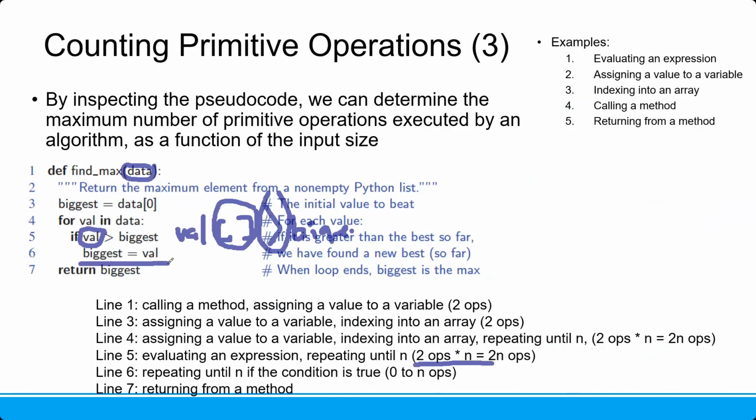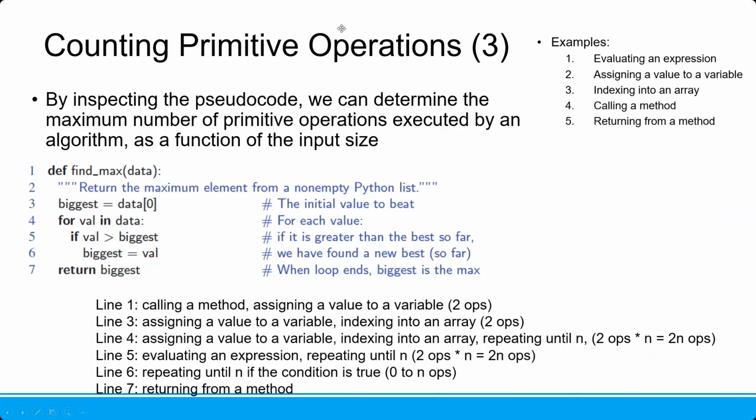Now number 6 means, if the condition is true, then we will do this one. If the condition is not true, then we repeat until n if the condition is true.